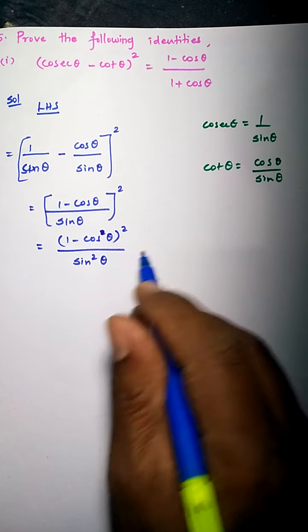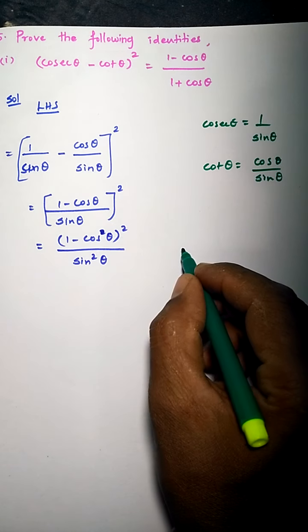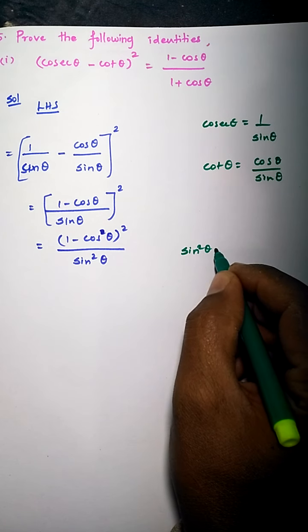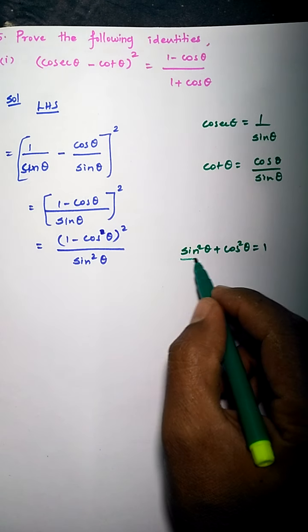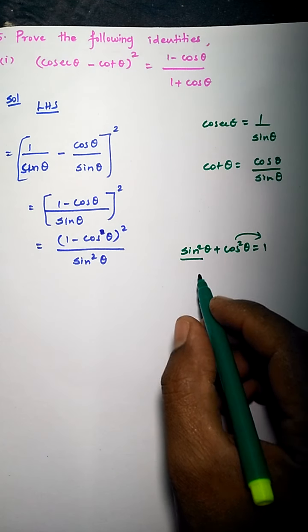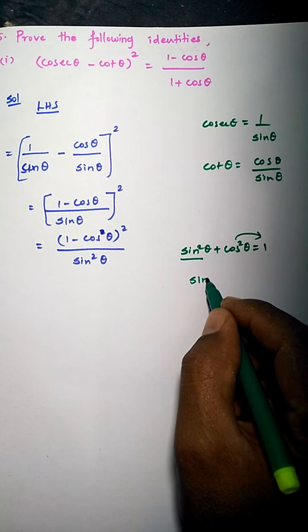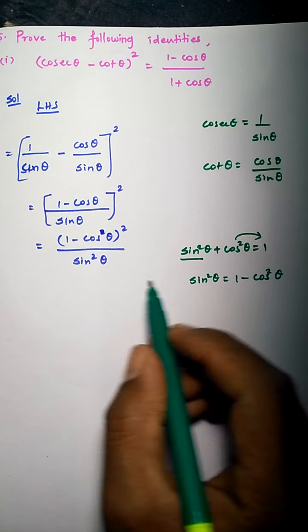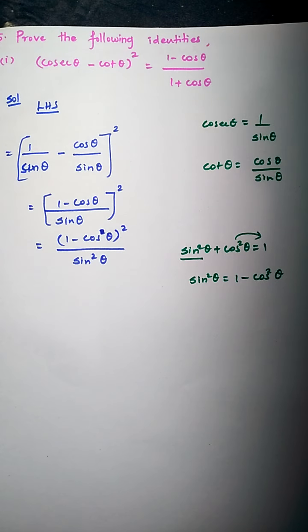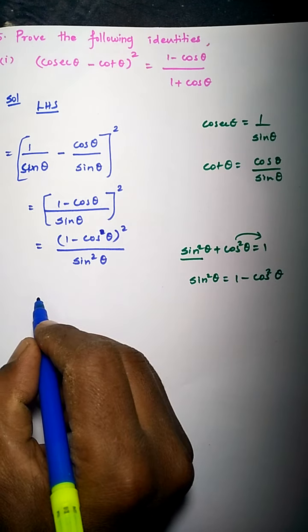Now we have the identity sin square theta plus cos square theta equals 1. If we want sin square theta, we can take it to the other side, then sin square theta equals 1 minus cos square theta. So instead of sin square theta, we can apply 1 minus cos square theta.